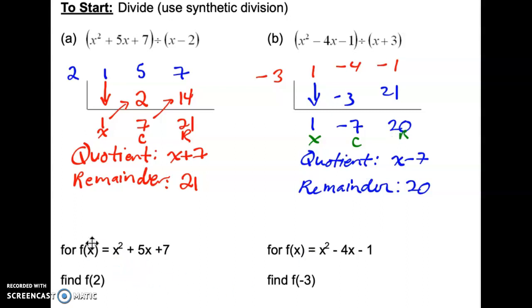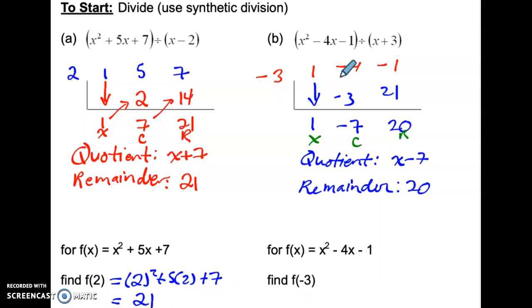Okay, so if you look down here, they've set the dividend as f at x, and they're asking you to find f at 2. So if we plug 2 into our function f, we would get 4 plus 10 plus 7. That would be 21.